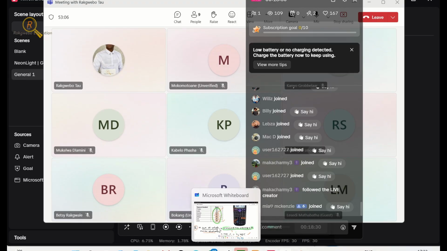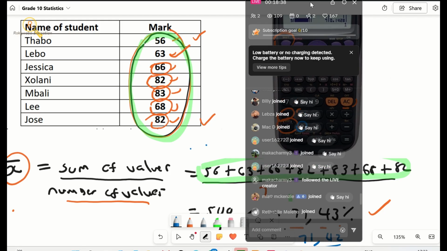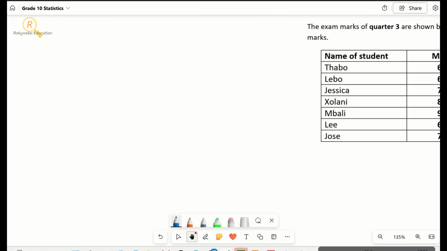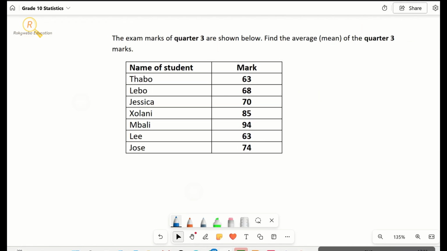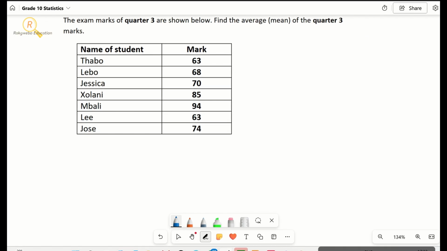I'm gonna ask you guys to do this example now using a calculator. Can you guys use your calculators to find the mean mark for term 3's results? Use your calculator, ne?